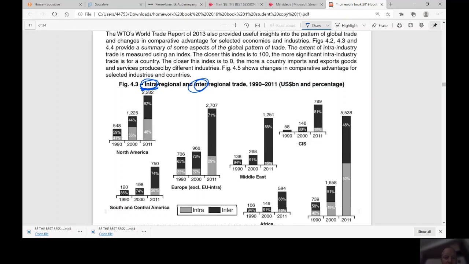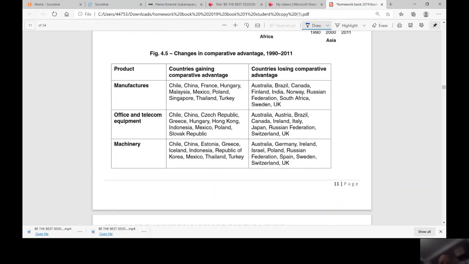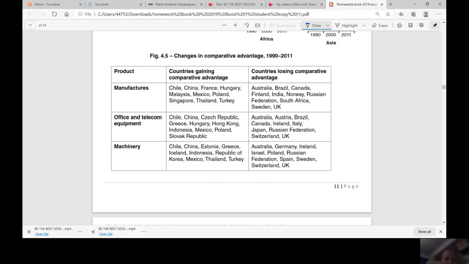And what you can see is changes over time. So all countries and all areas are seeing increases in trade, and for some countries that is mostly global. So Europe, still 71% of its trade is outside the EU, or outside Europe geographically, and 29% is within Europe. If we go down, what you can see is changes in comparative advantage.